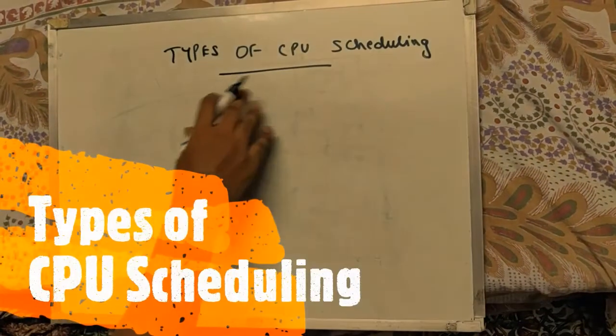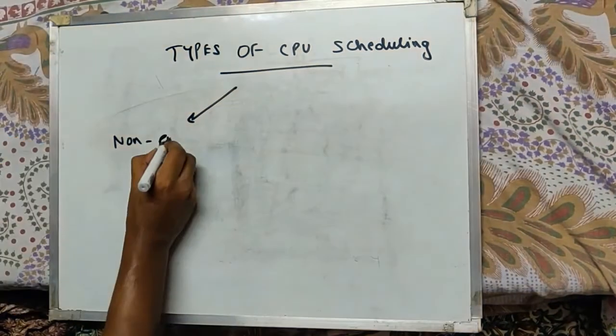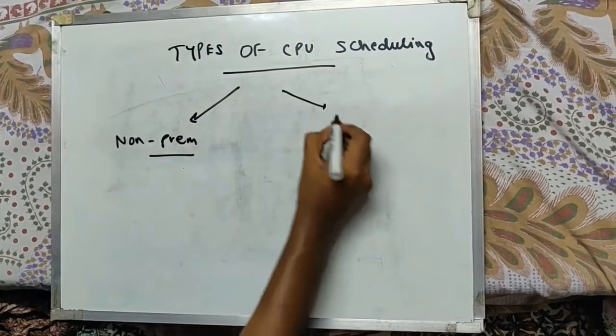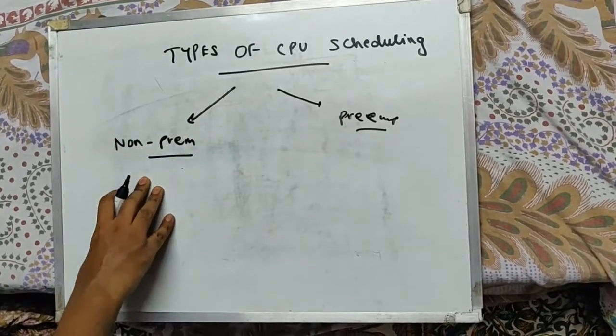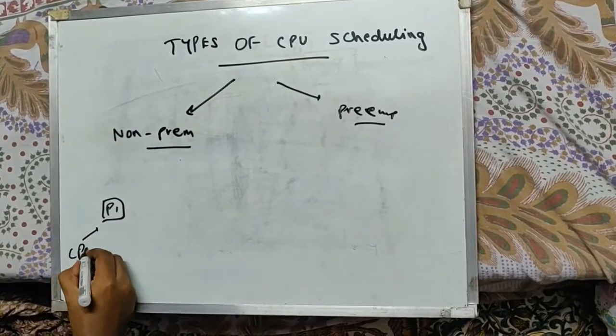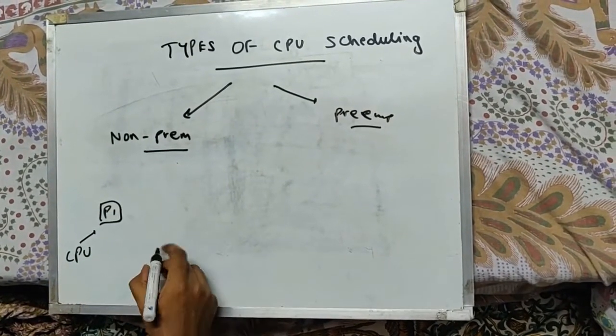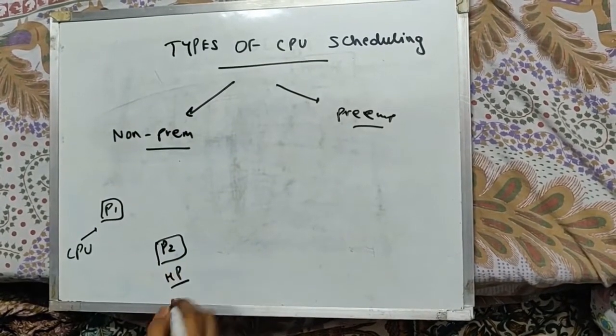We'll now discuss the types of CPU scheduling. It's broadly of two types: non-preemptive and preemptive. Let's discuss what non-preemptive is. Suppose there is a process named P1 and the CPU is currently executing it, and a new process P2 comes into existence which has a higher priority.